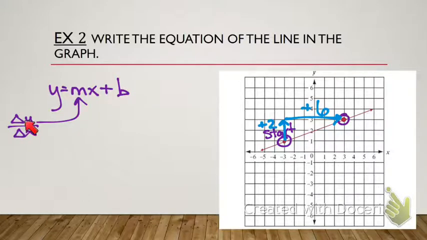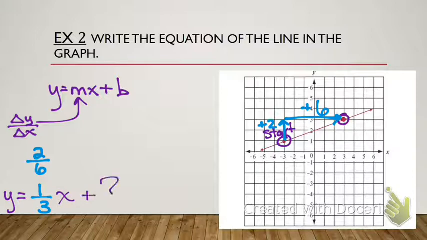So the change in y is how much you moved up or down. It's 2/6, and then we've got to reduce it, so it reduces to 1/3. Right now we have y equals 1/3 x, and we've got to figure out what the magic number is. Now we know that the magic number is where we cross the y-axis. At (0, 2) is where it's crossing the y-axis, so 2 is that magic number position.